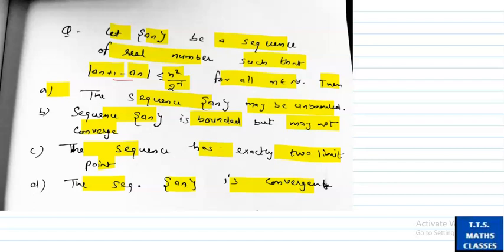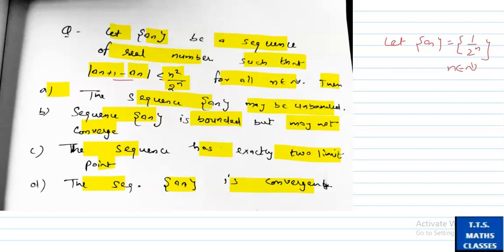Because this particular difference is less than or equal to n square upon 2n, let this sequence an be like 1 upon 2 to the power n, where n belongs to natural numbers.